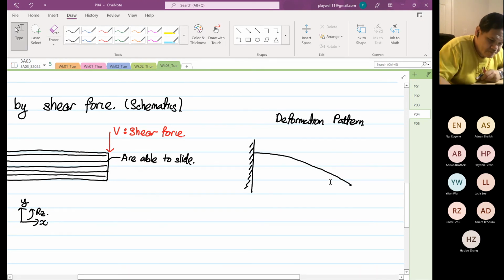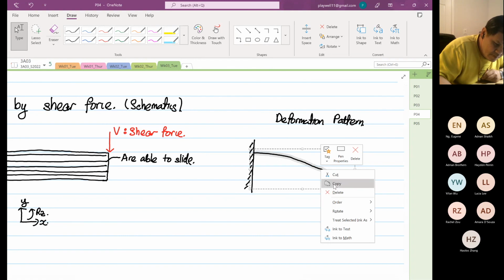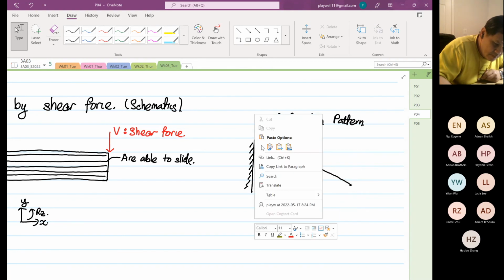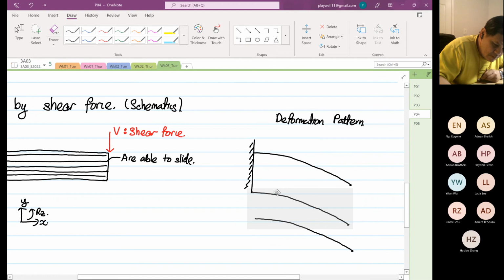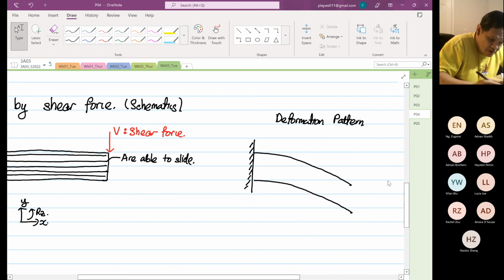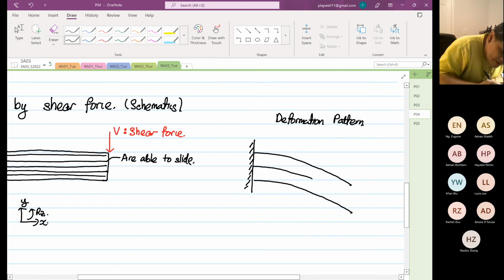Okay. So hopefully this works. Right. So now we have a deformation that looks like this. Right.